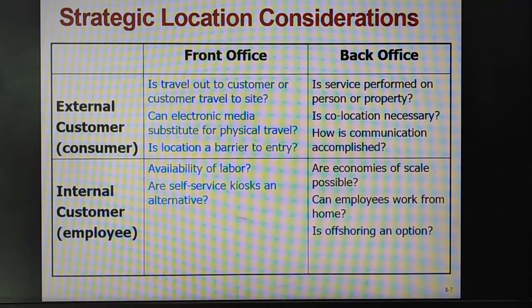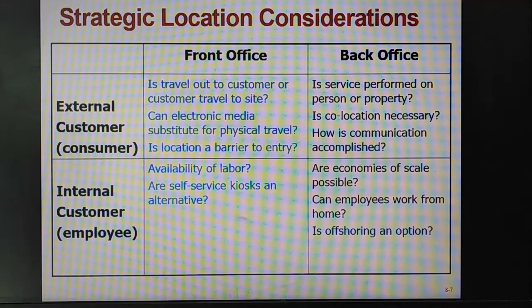Can electronic media substitute for physical travel? For example, in filling out forms, instead of a customer coming to the office outlet and filling out the form, can you make it available over the portal so that filling up the form can be done online?